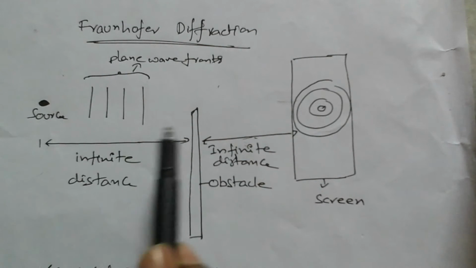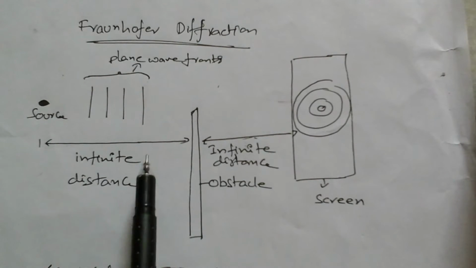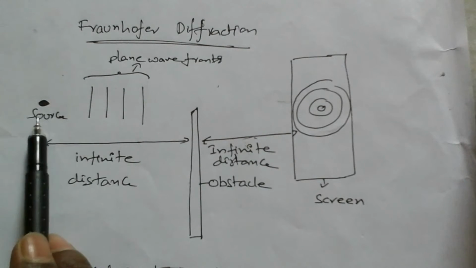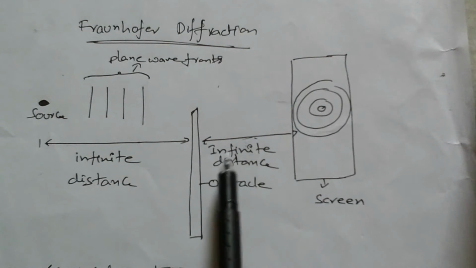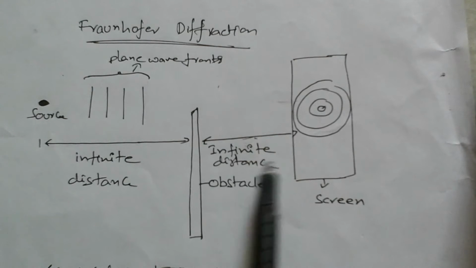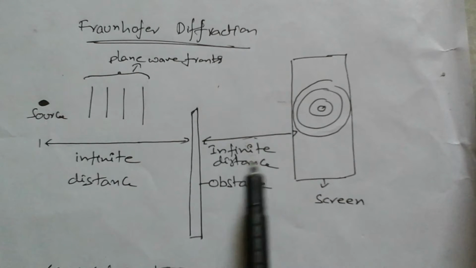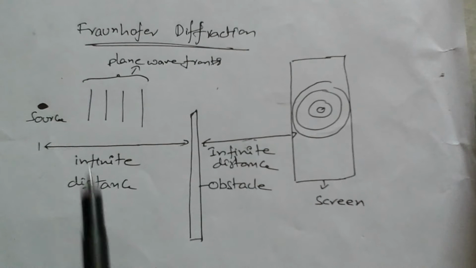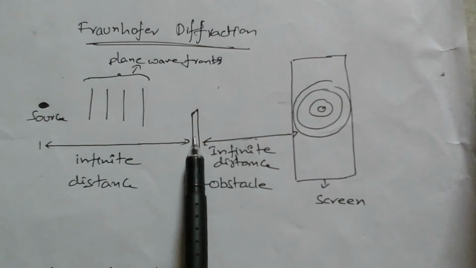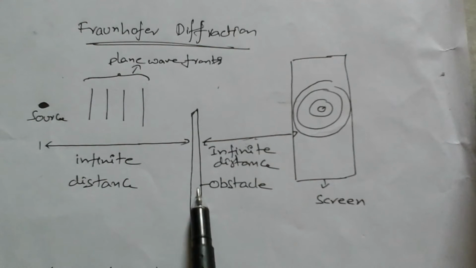From source to obstacle we have a distance of infinity, and again obstacle to screen we have infinity distance in this diffraction. Hence, due to the source to obstacle infinity distance, parallel wavefronts will fall on the obstacle.